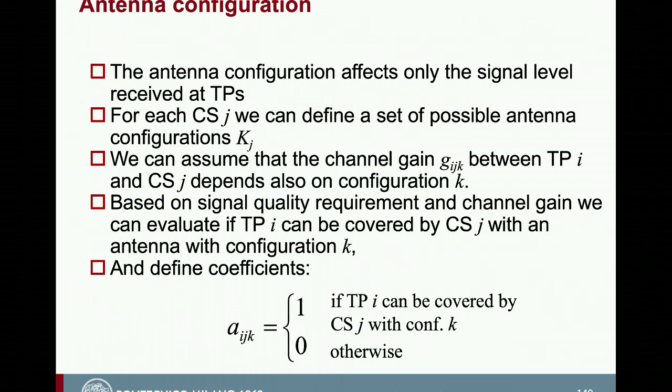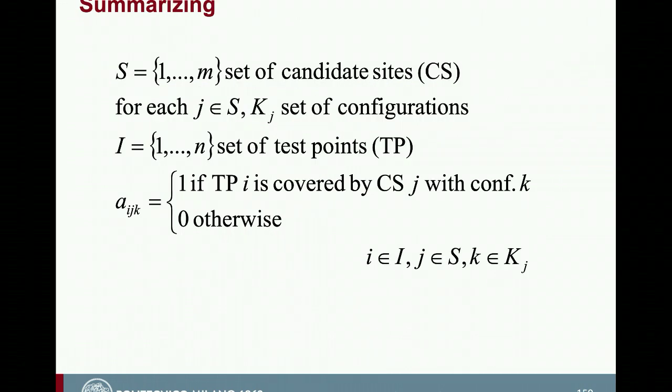This is a way of basically translating all the characteristics of the channel into a 0-1 matrix, and this 0-1 matrix can be considered the coverage matrix of our planning problem. So we can define the coefficients Aijk, which is equal to 1 if this point i can be covered by candidate site j with configuration k and 0 otherwise.